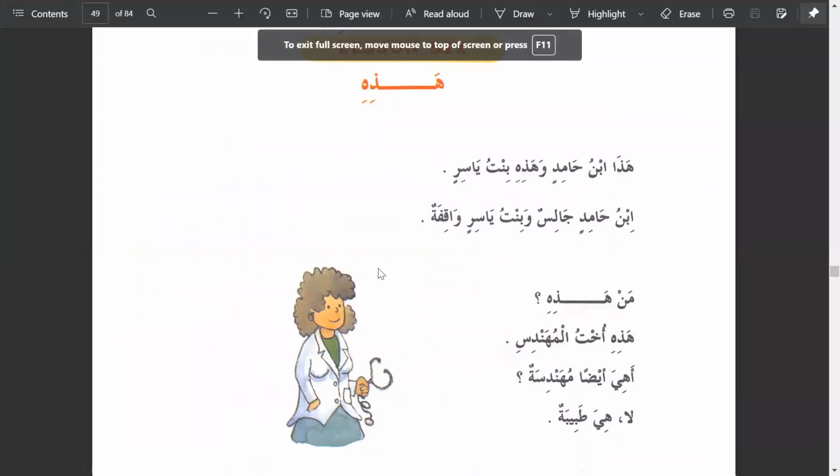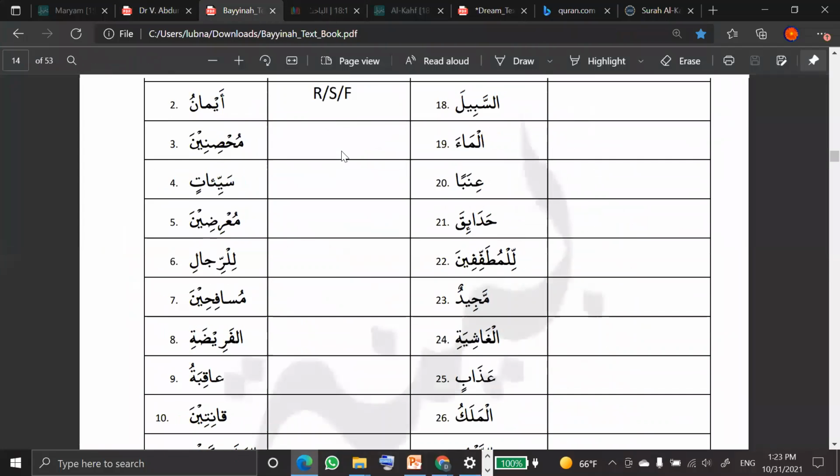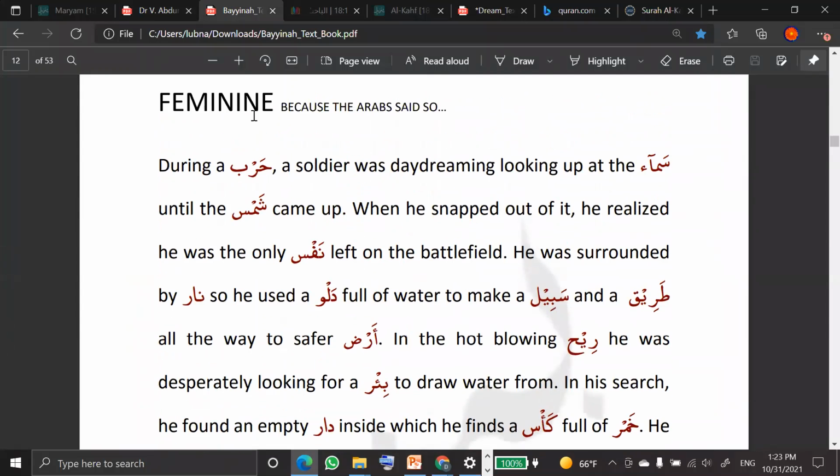Yes, this one. So these are some isms that are considered feminine because the Arabs said so. Okay. So you just know these words. Try to remember these words.